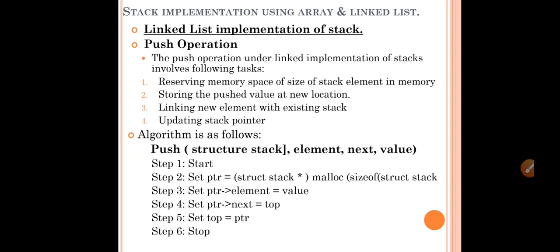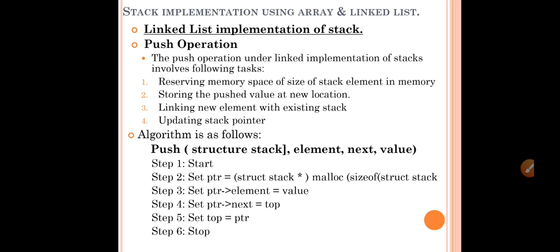The push operation under linked implementation of stacks involves the following tasks: reserving memory space of the size of a stack element in memory, storing the pushed value at the new location, linking the new element with the existing stack, and updating the stack pointer. So first we have to create a linked list node. Storing the pushed value at the new location means we have to store that information into info.